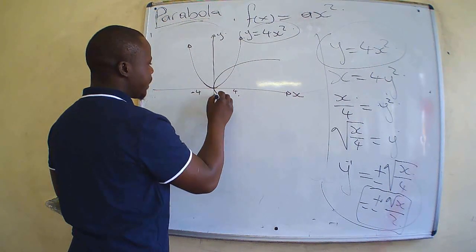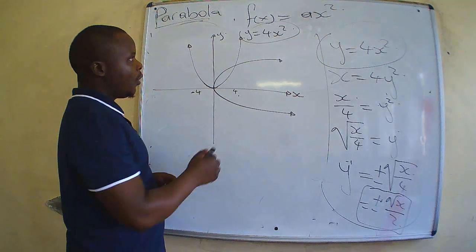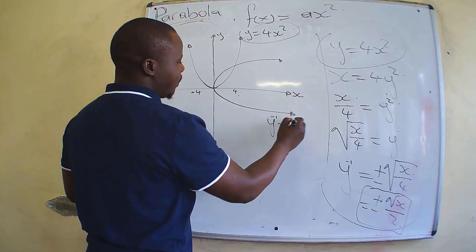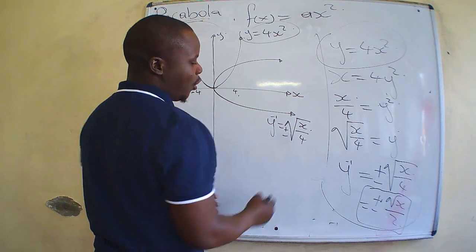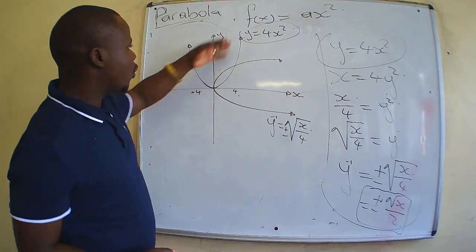It rises like this. We have drawn the graph of y inverse, which is equal to plus or minus the square root of x over 4. So this is the inverse, and this is the original.